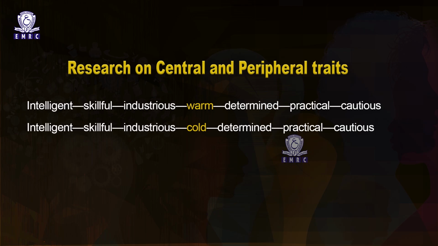The two lists differ only with respect to two words, that is warm, which means friendly, altruistic, and cold, indifferent and unfriendly. These are the two words which are not similar when compared to the others. So, there should not be much difference between the people exposed to these two lists.